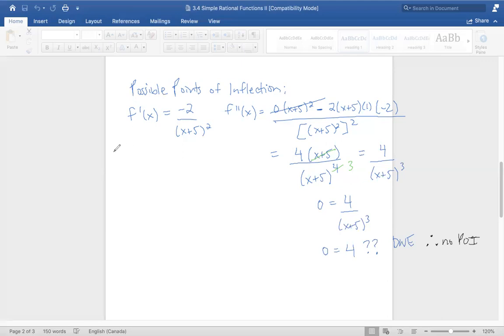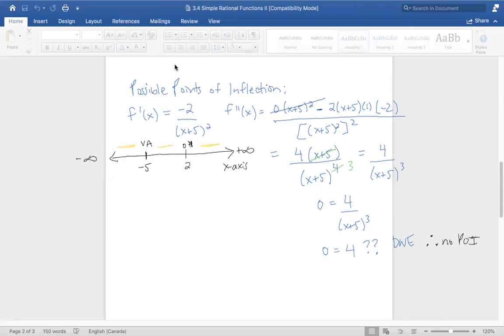So that's what I'm doing here. If I again have my x-axis where I have positive infinity and negative infinity, the only values I have to mark down here are -5 and 2, which is my open hole, and my vertical asymptote. I'm looking at it in terms of the second derivative now along those intervals.